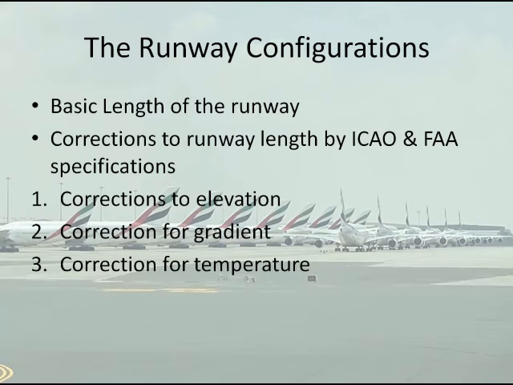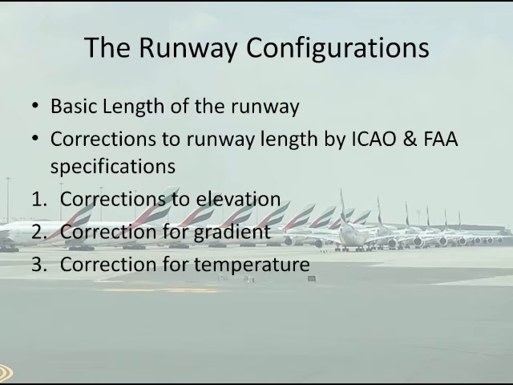The maximum difference in elevation between the highest and the lowest points of the runway divided by the total length of the runway is known as the effective gradient. According to the FAA, Federal Aviation Administration of USA, the runway length after being corrected for elevation and temperature should further be increased at the rate of 20% for every 1% of the effective gradient. So this is the correction for gradient.